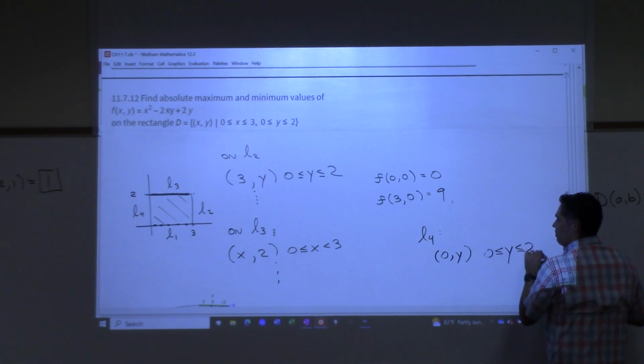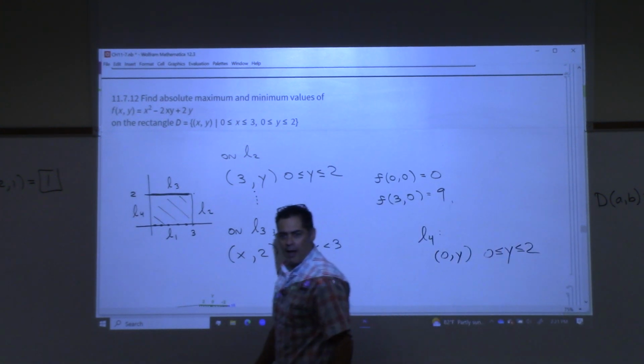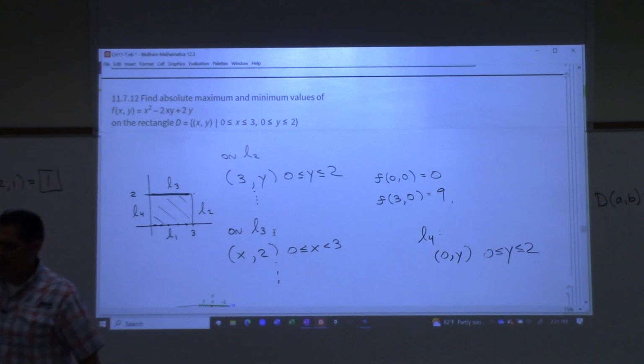And then you work that out. Is it okay if I leave you to do that? Yes or no? Because I want to get to the next example, because we don't have straight line segments in the next one.